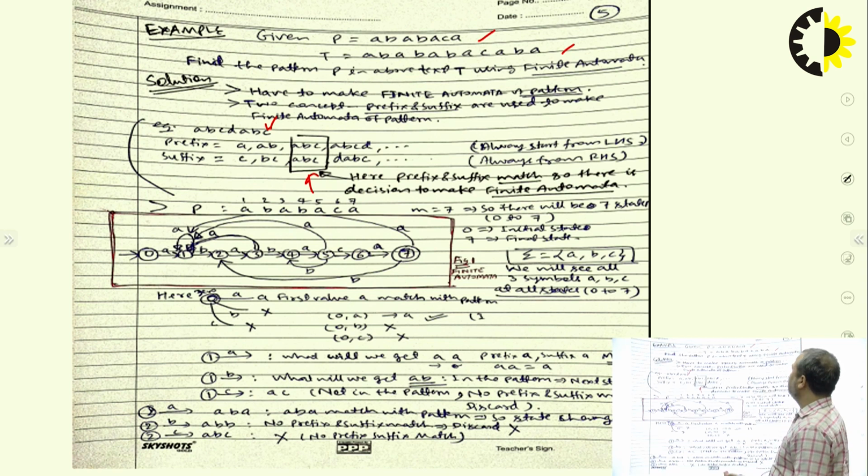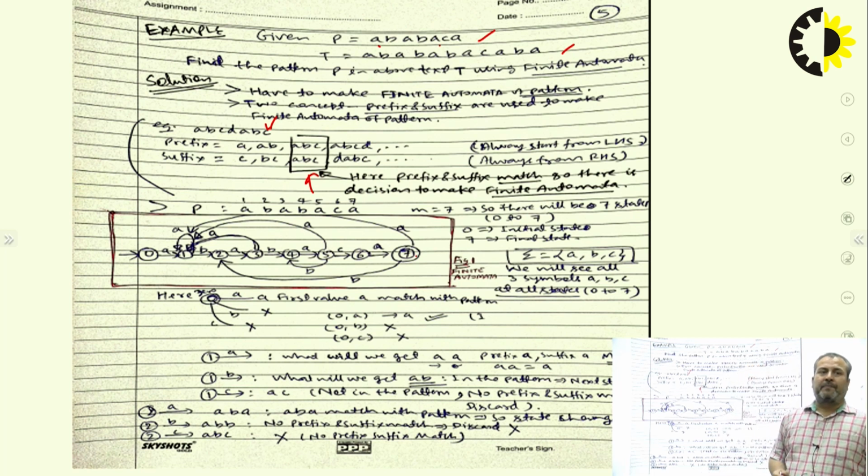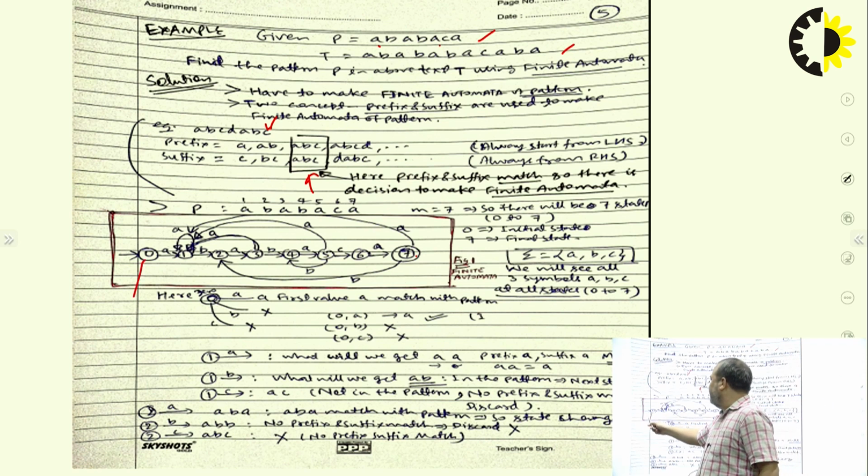The process is to find how many characters or alphabet are in the given pattern, and we make that many states. Here we have 1, 2, 3, 4, 5, 6, 7, so we make 7 states, and 7 will be the final state. Besides that we have the initial state 0.